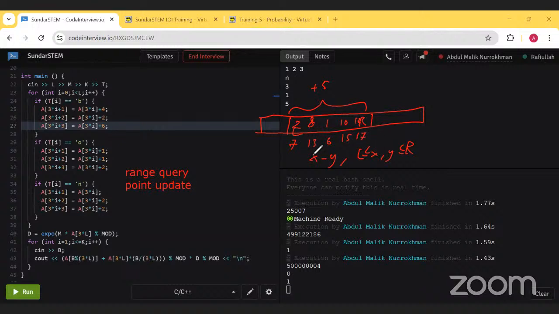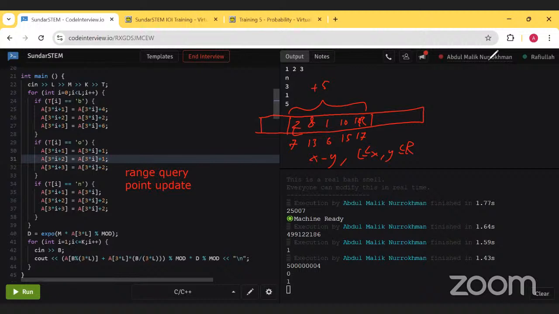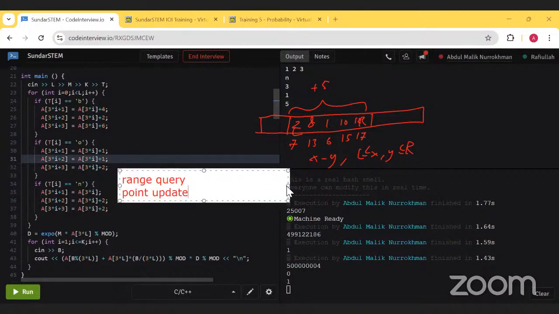Do you know how to handle it if there is a range update? Yeah, of course, with lazy segment tree. So the difference between simple segment tree and lazy segment tree is just on the update.